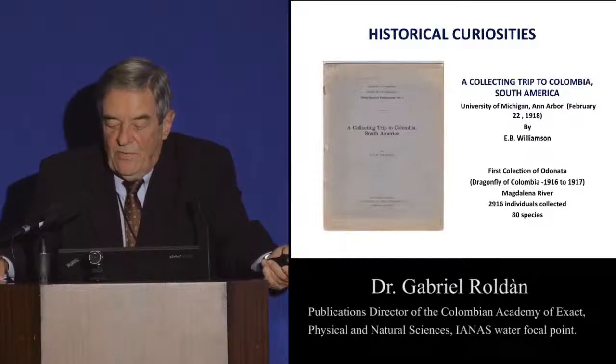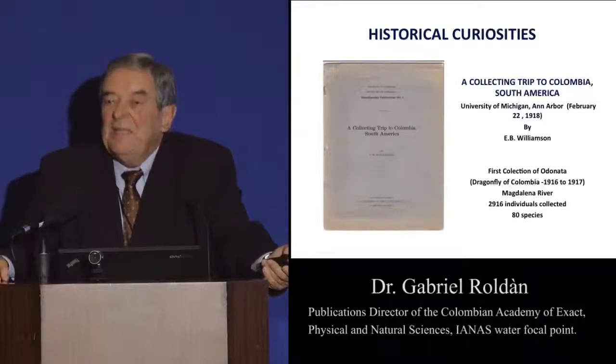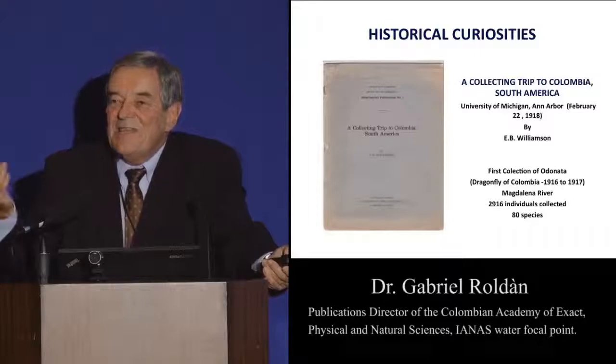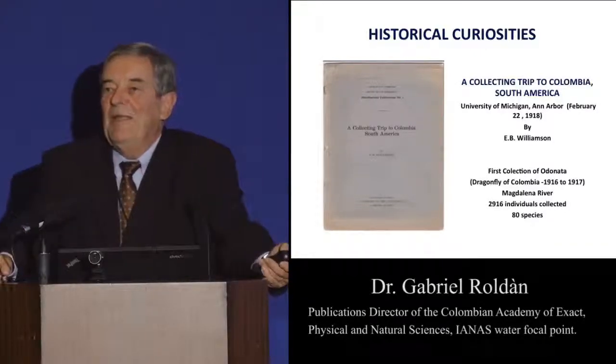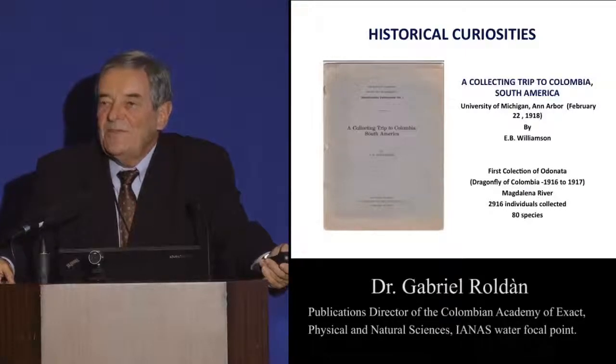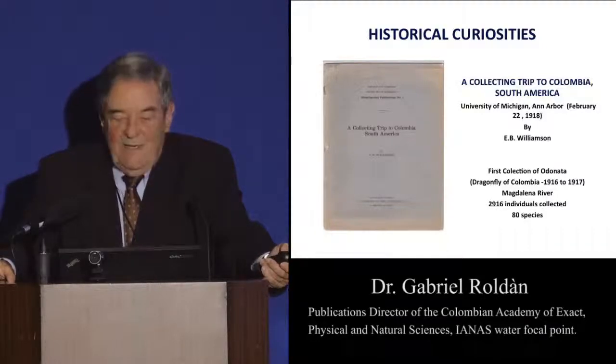First collection of Odonata, dragonflies, of Colombia, 1916 and 17, in the Magdalena River. The description he makes of the Magdalena River was fantastic, but now you cannot recognize the Magdalena River because of the destruction we have caused. But this is really a very strange curiosity.